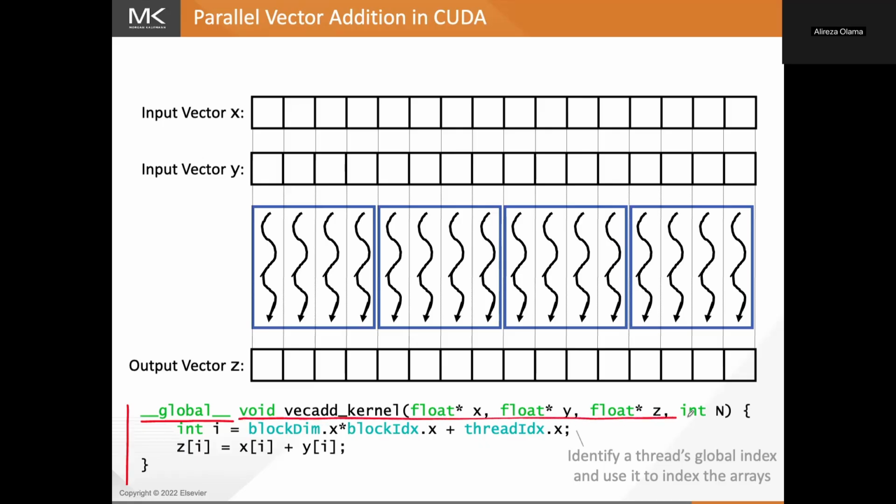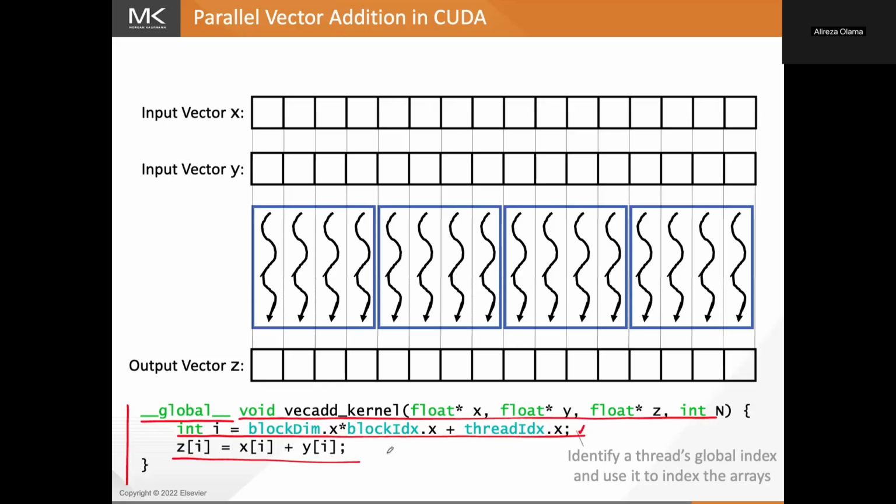Because this kernel is called by all of the threads that I have in my grid, the first thing I need to do is to find the global thread index, as you answered. And after I find the index, I just perform the simple addition. So I don't need any for loop here, because I broke the for loop into the threads, and each thread is just performing this addition formula.